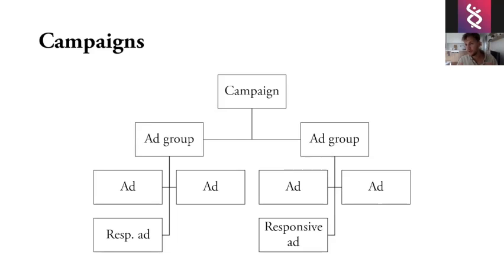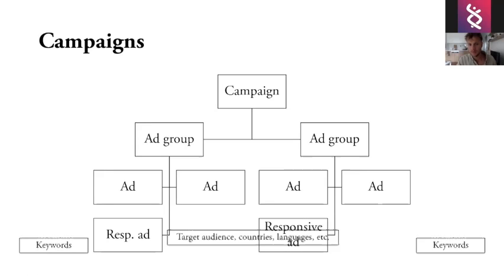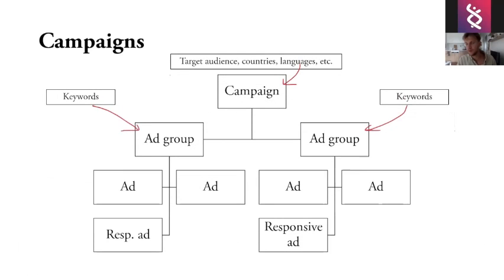But those 2 ad groups are bundled under one campaign, ads in Lithuania, because campaigns is where you select your target audience, the countries targeted, the language. So it sort of helps you to administrate your whole ad interface.